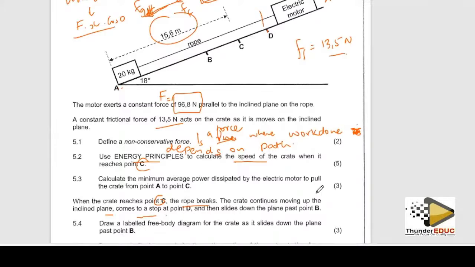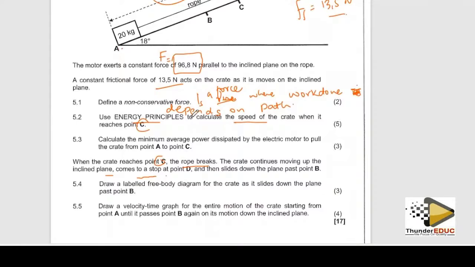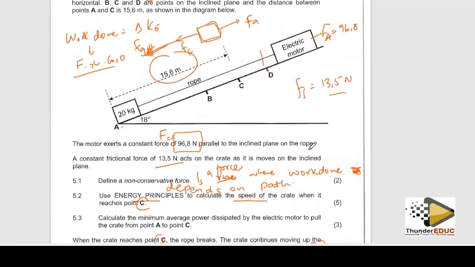Then the question is asking us, after stopping, it slides down past point B. They want us to draw a labeled diagram of this crate when it is moving down at point B.